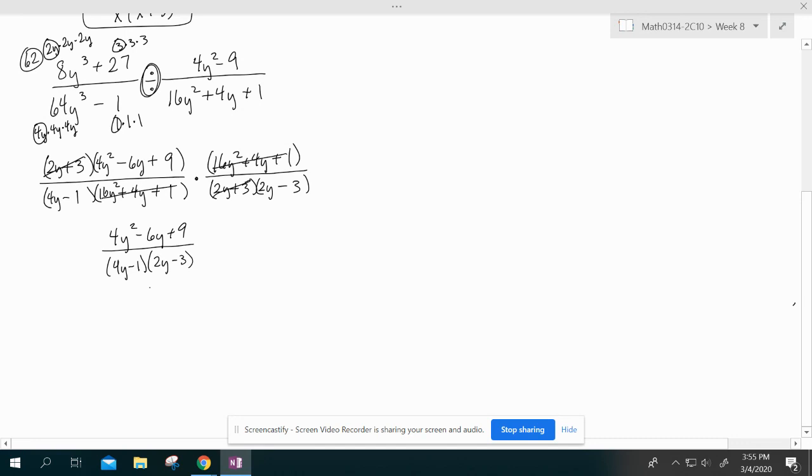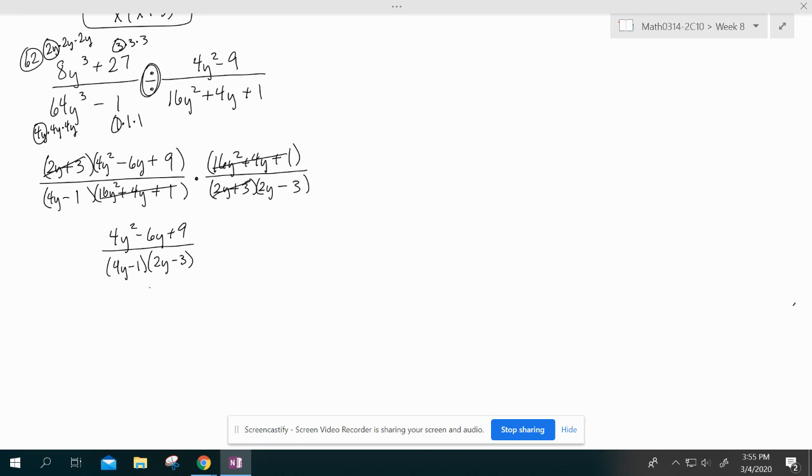And if anybody's thinking, wait a second, what about that numerator as a trinomial? Should we try to factor that to see if it matches one of these? Let me tell you why you don't have to think about that. Where did this trinomial come from? What we cubed out. Did it come from a cube?